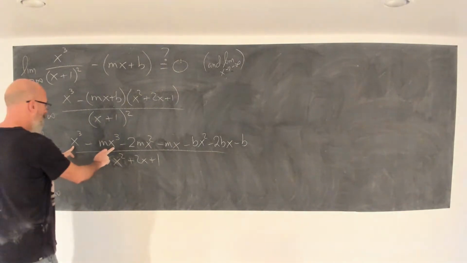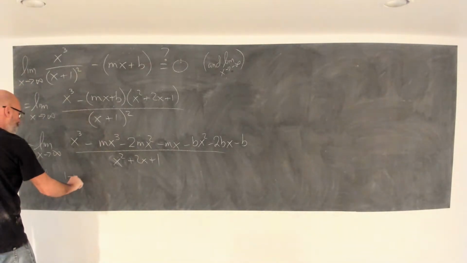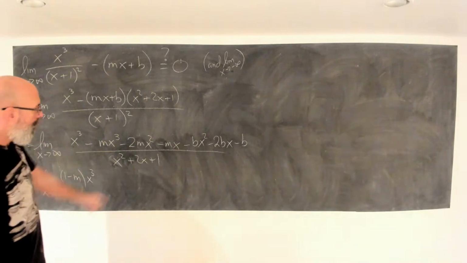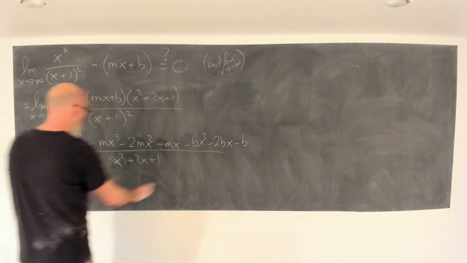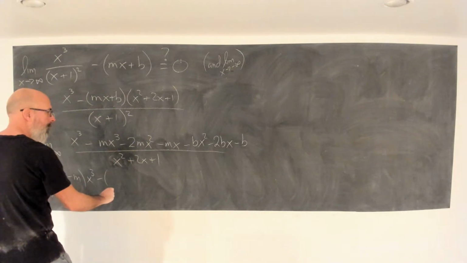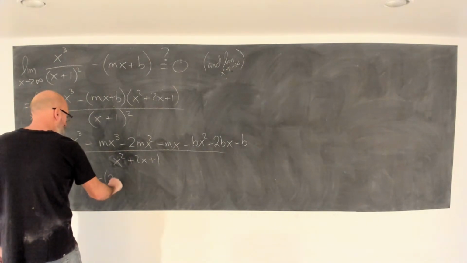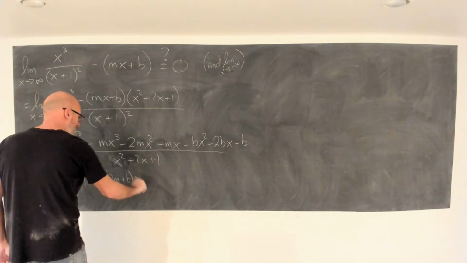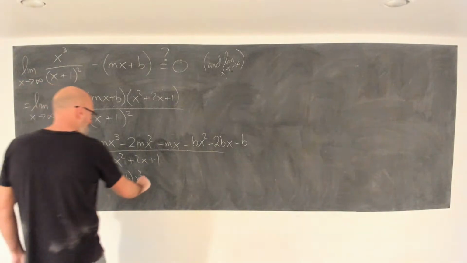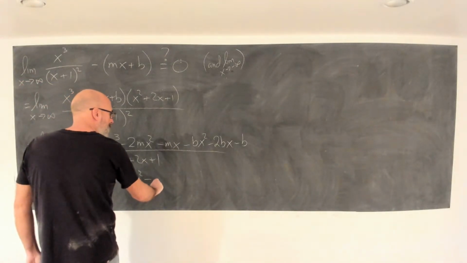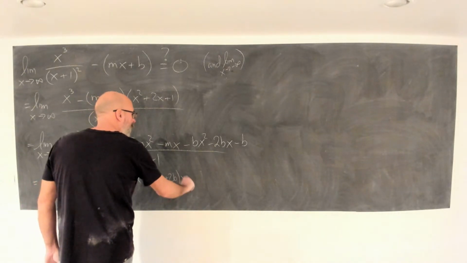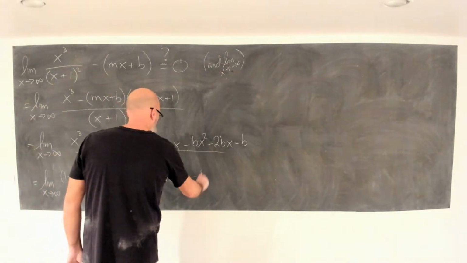You've got an x cubed, so 1 minus m, x cubed; x squared, so minus 2m plus b, x squared; minus m plus 2b, x; and a minus b.